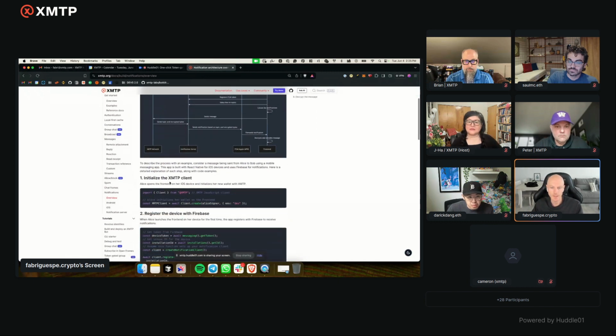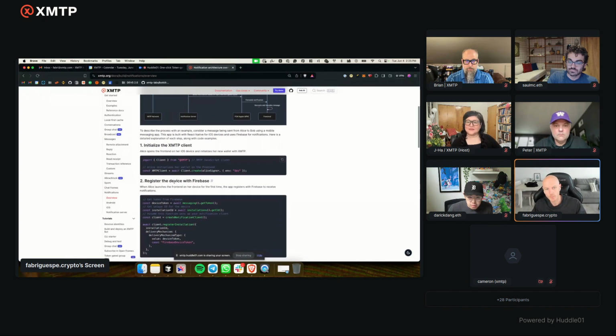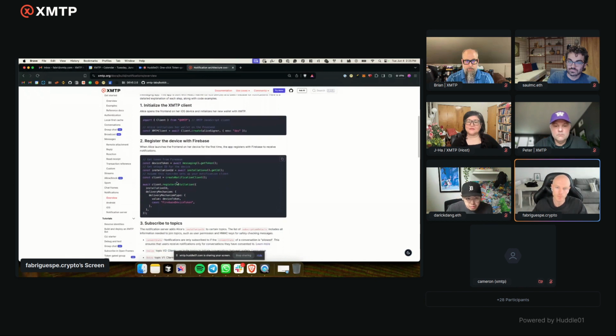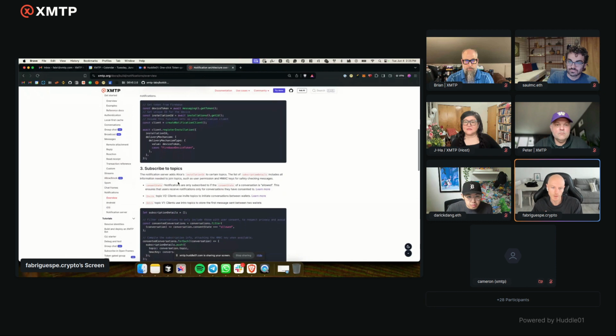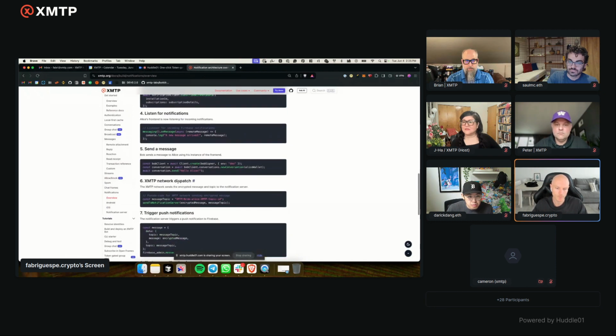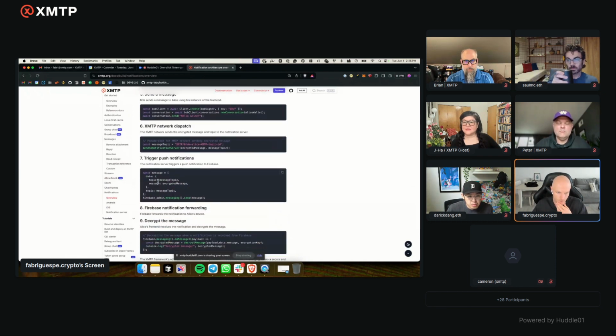And you can see the flow explained in simple steps from when you send the message until it gets received through a push notification. So let me know if this is understandable.